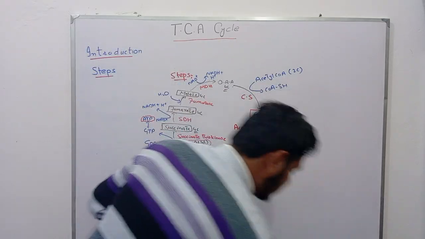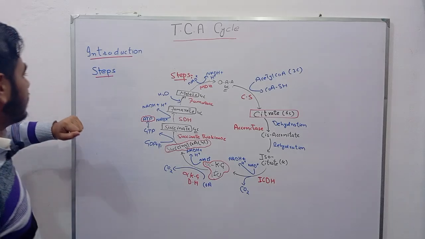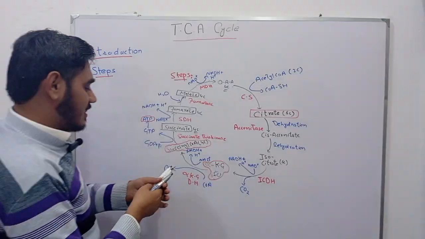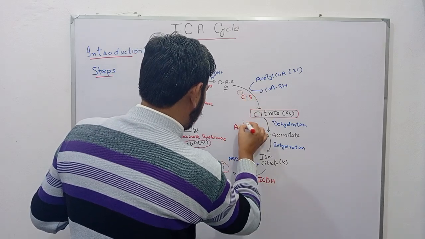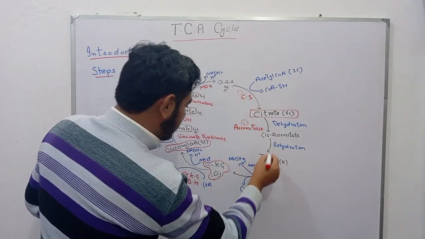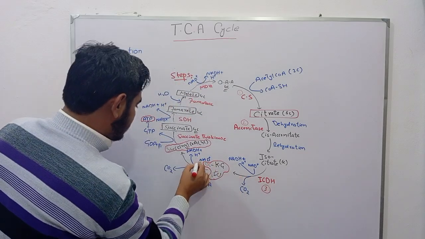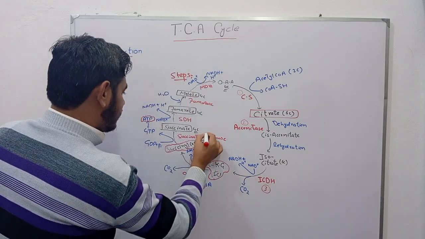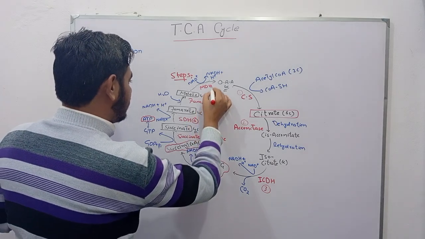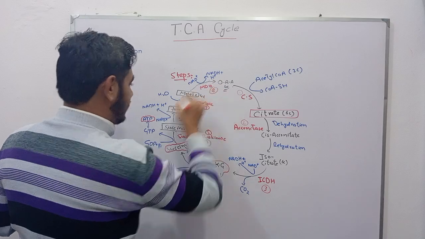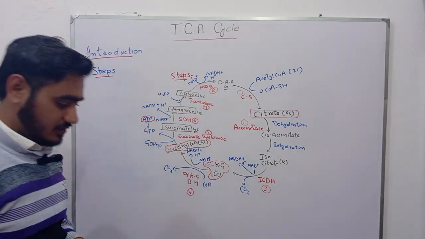And now coming toward the steps, total there are 8 steps. This is step number 1, this is step number 2, and this is step number 3. This is step number 4, this is step number 5, this is step number 6, step number 7, and step number 8. Total there are 8 steps of the TCA cycle.